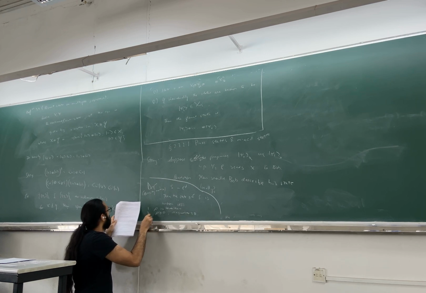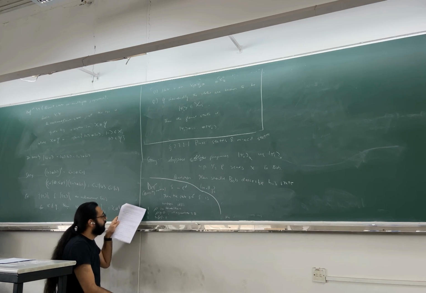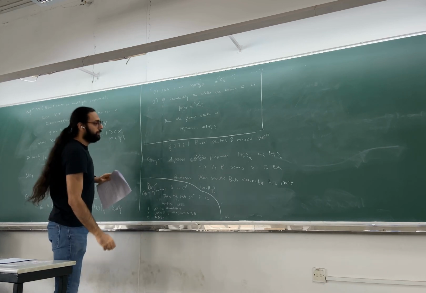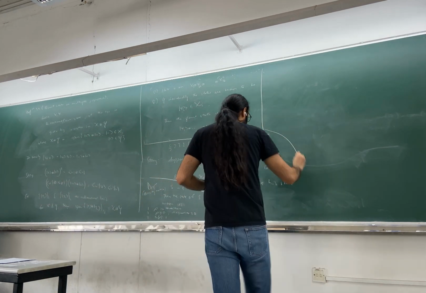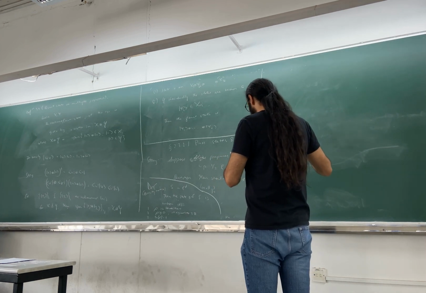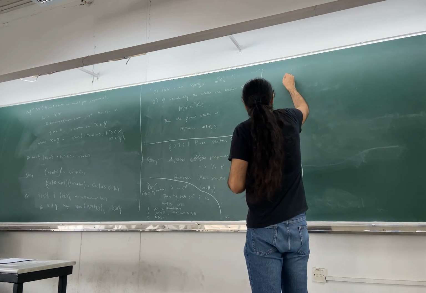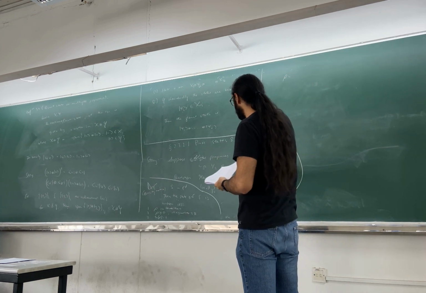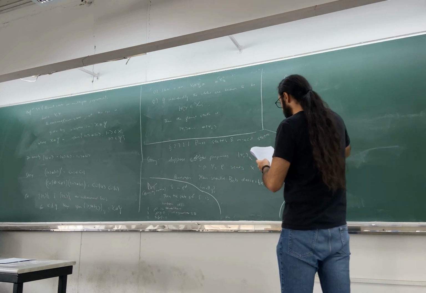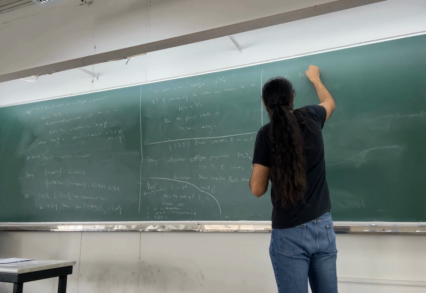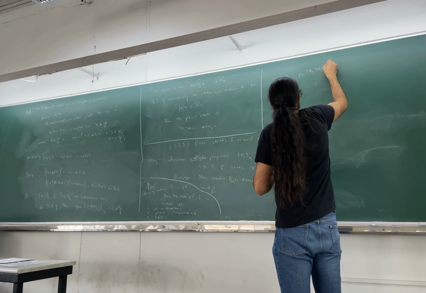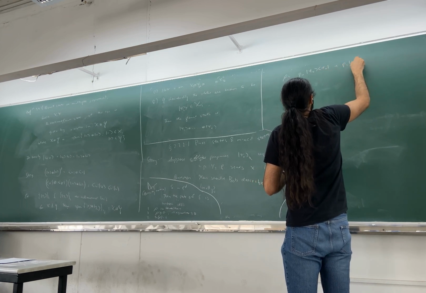Okay. And the third is that the trace is one. Okay. So the intuition for this is the following. Let's go back to the story. In this case, the description of the state would be P0 psi 0 psi 0, or it's P1 psi 1 psi 1.